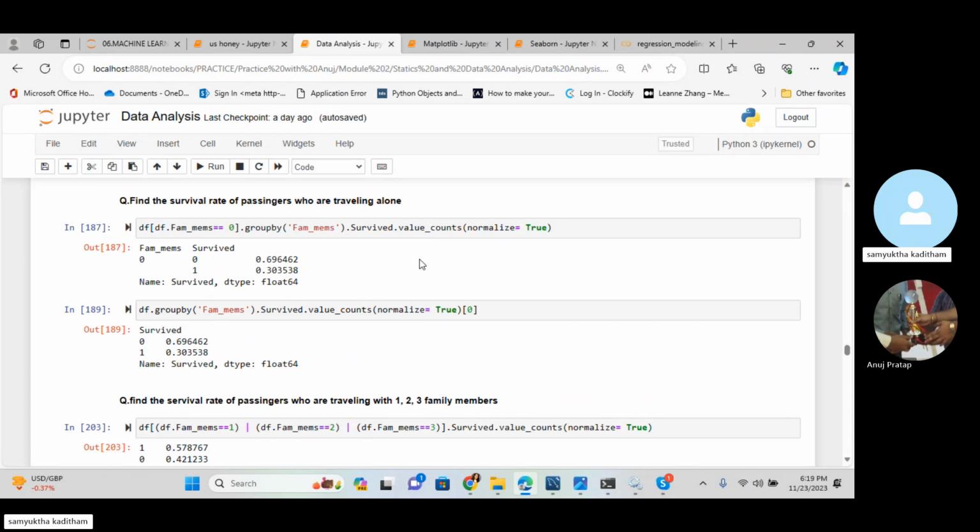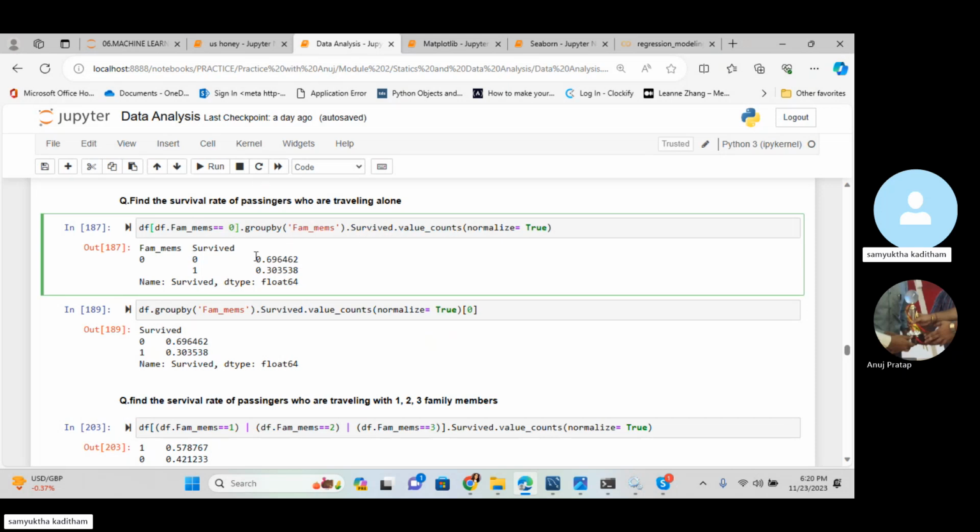So here the condition is family members alone is 0. Zero represents the passengers traveling alone. So we selected the alone people, and then we have to check the survival rate.